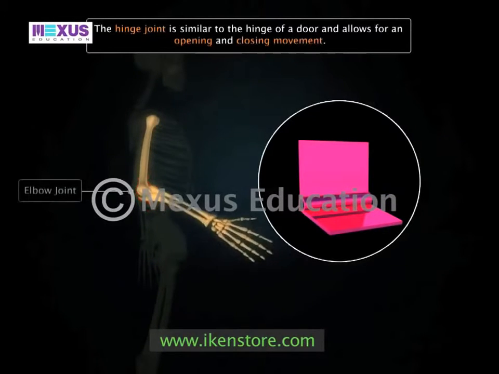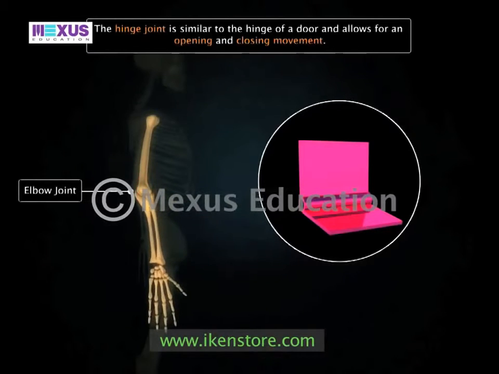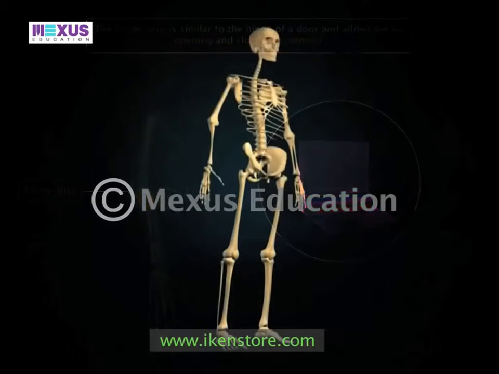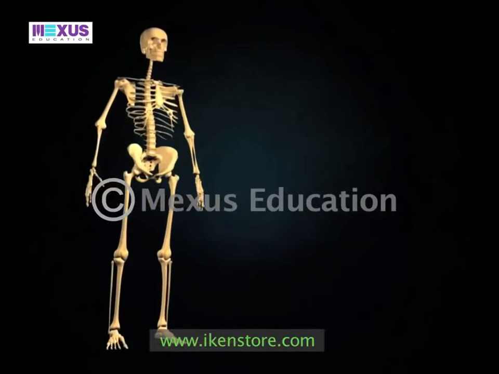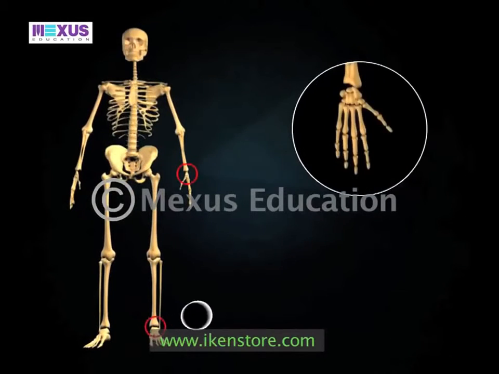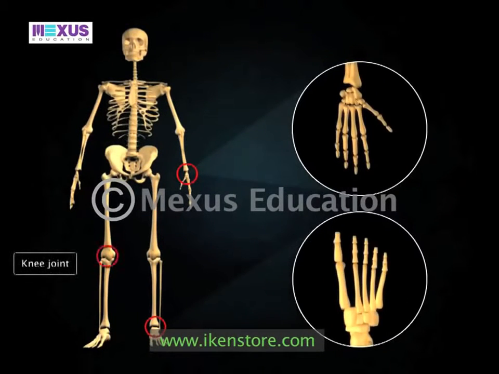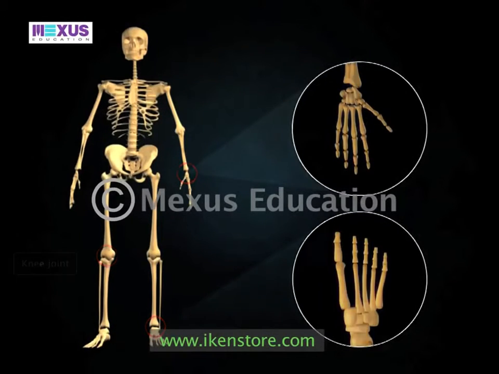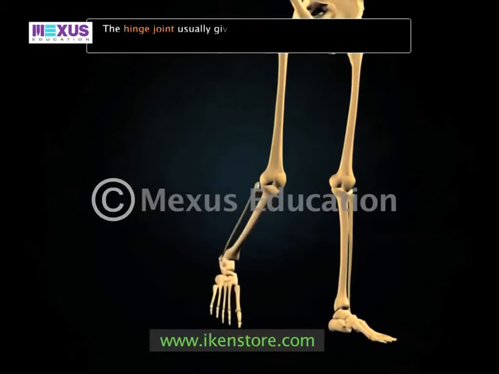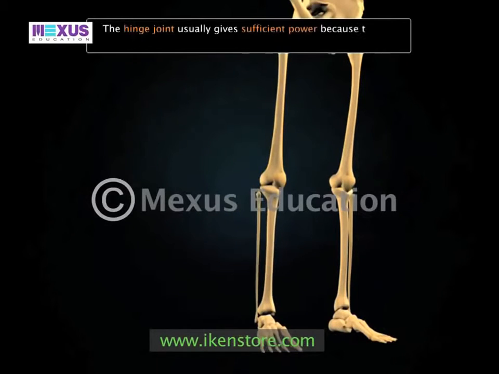The elbow joint between the humerus and the ulna is an example of the hinge joint. The joints between the bones of fingers and toes and the knee joint are also examples of hinge joints. The hinge joint usually gives sufficient power because there is less danger of twisting these joints.